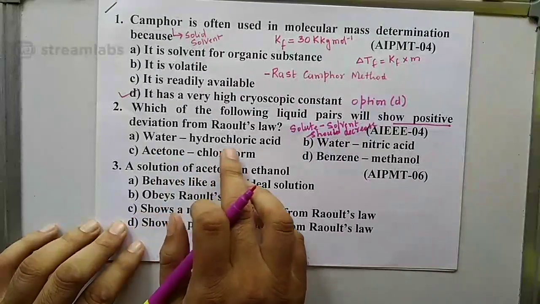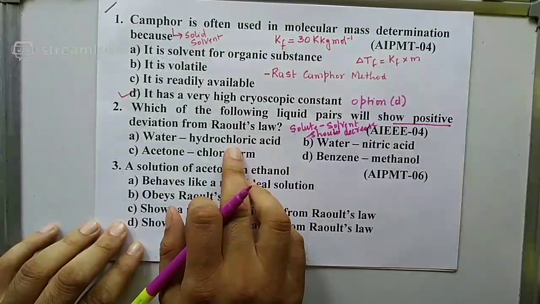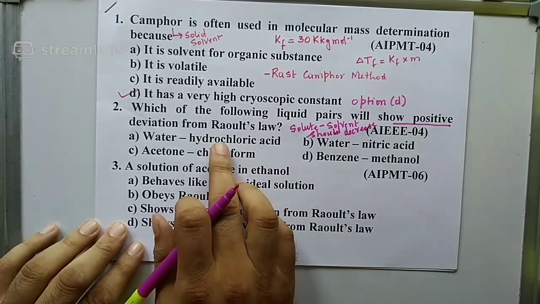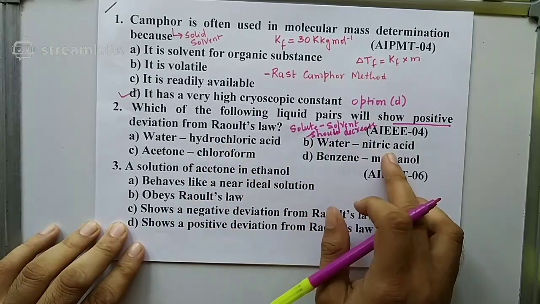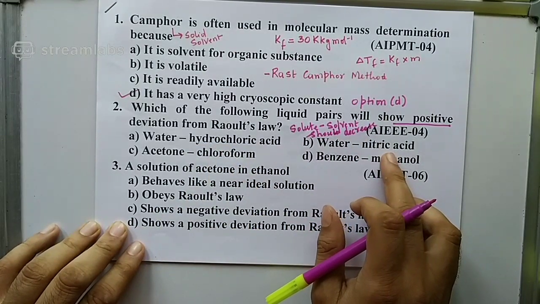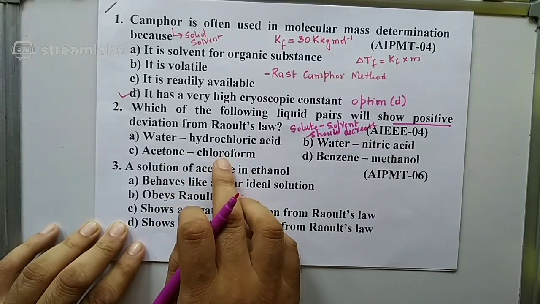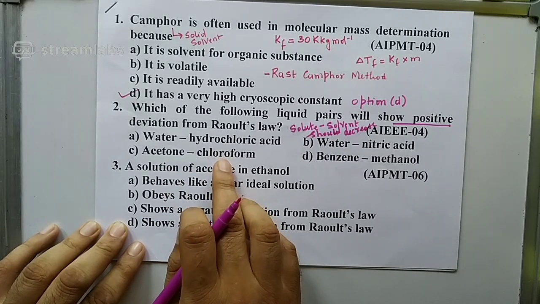Now you know that when water and HCl are taken as a mixture, there can be hydrogen bonding between water and HCl. If you take water and nitric acid, the same thing can exist. If you take chloroform and acetone, you have seen this as an example for a negative deviating solution because of the hydrogen bonding between chloroform and acetone.